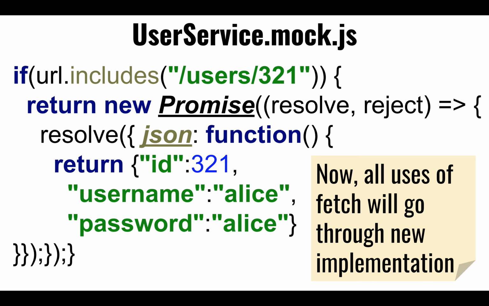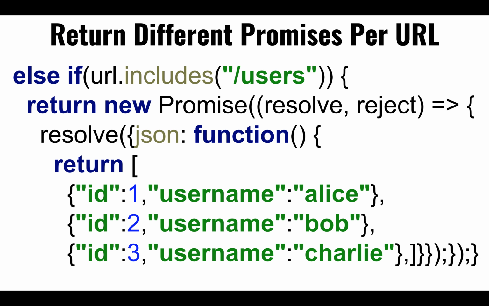Here we're returning just a mocked object, Alice, with the value 321, username and password. We can also make this a little more generic. Instead of saying /users/321, that could be some pattern or some input field that we can parse and then dynamically manipulate this object based on that input.